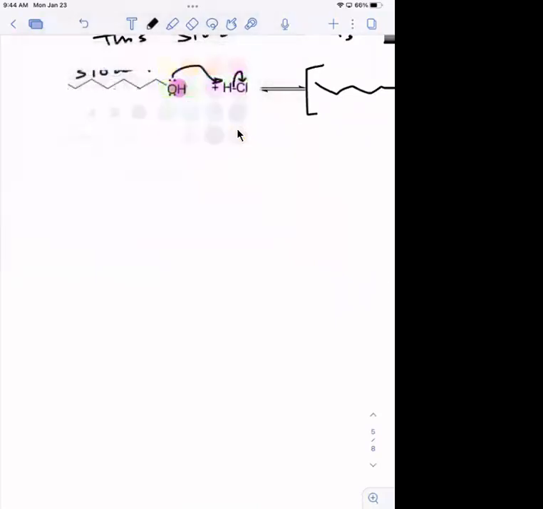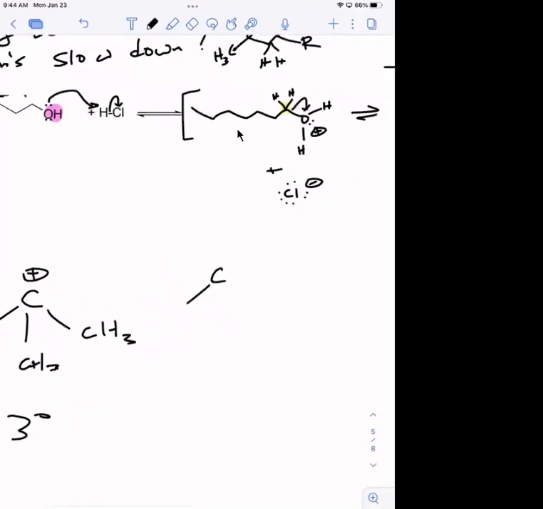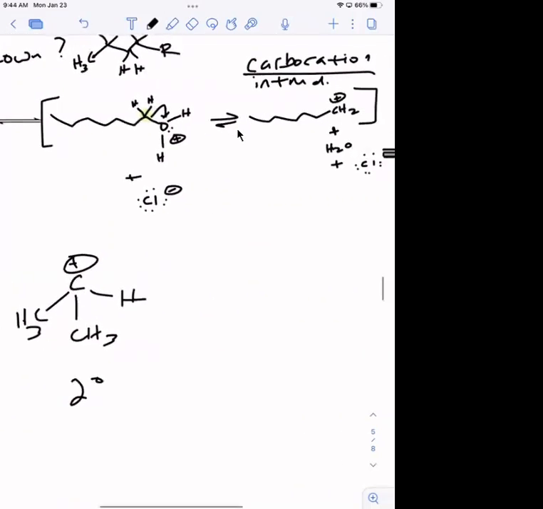So I have a carbon or carbocation. If I have 3 carbons attached to it, it's tertiary, right? If I have 2 carbons attached to it, it's secondary. You can see how this progression is going. If I have 1 carbon attached to it, it's primary.